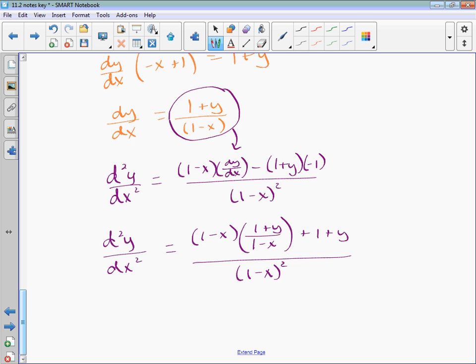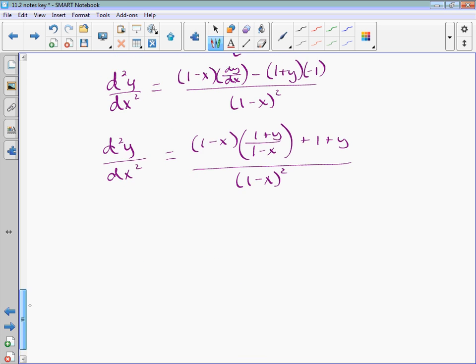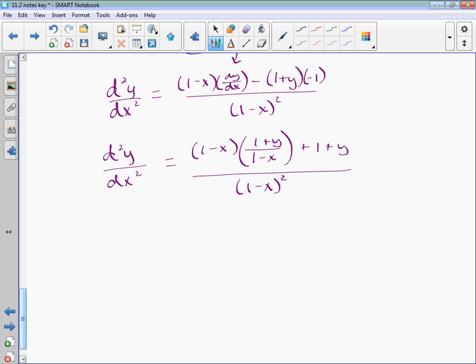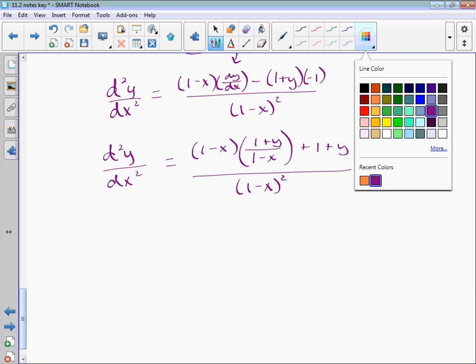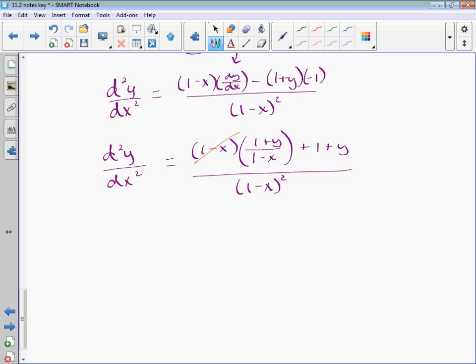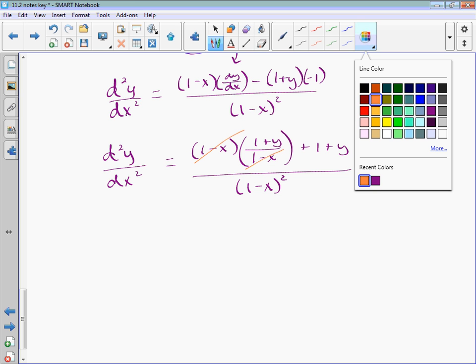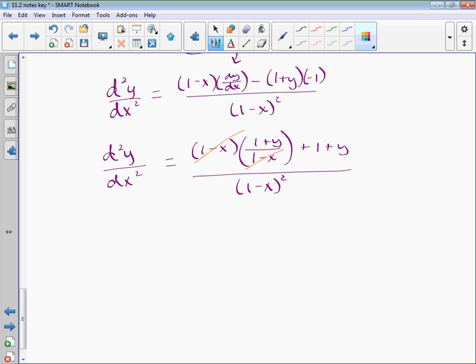We're close, guys. What's going to happen when I go to simplify this? Things are going to cross out, right? Do you guys see how these go away? Okay. So I'm left with 1 plus y plus 1 plus y in my numerator. So what do I really have?